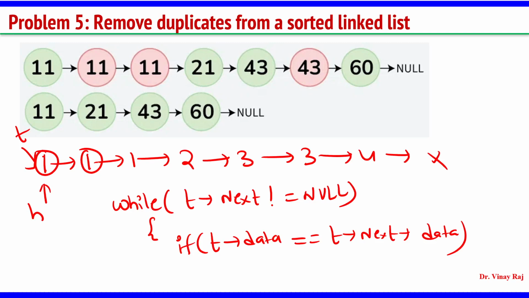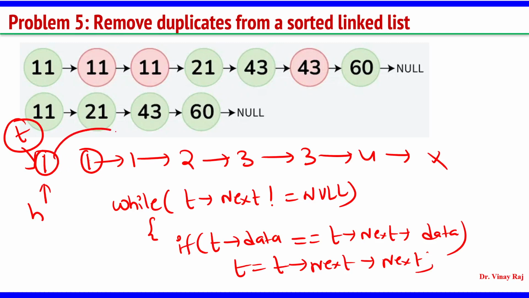If both are the same, your T is here, make it T next: T equal to T next. Because of this, what will happen? This connection is gone now and this connection is formed.